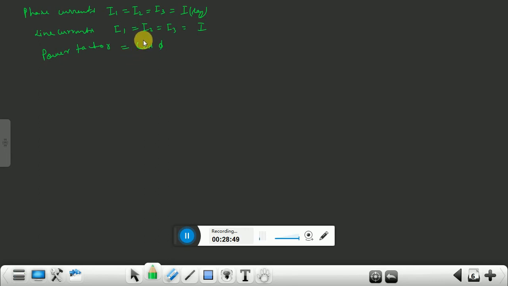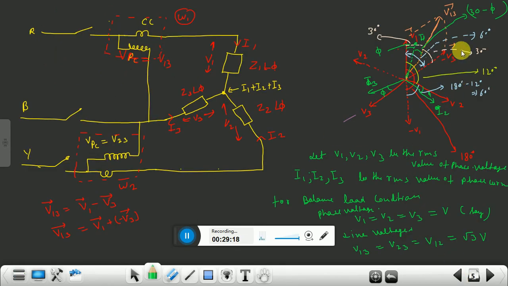Okay, so in this case here we write W1, wattmeter reading is V13 and I1 cos 30 minus phi. So this is cos 30 minus phi.